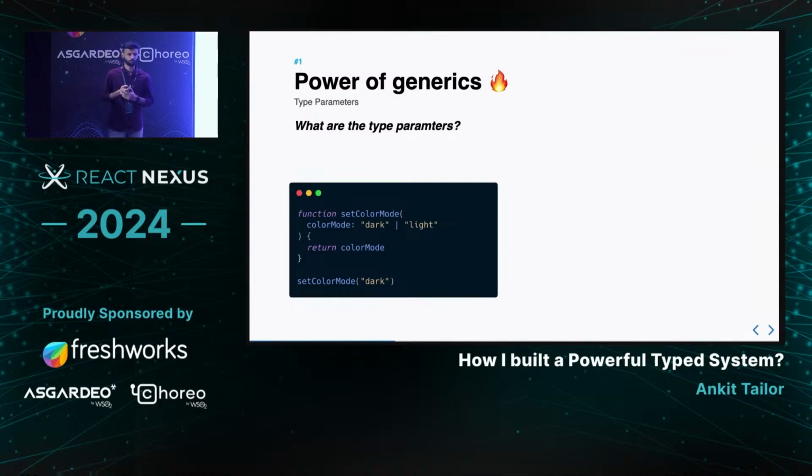Now the question is when to use these generics. We have one example here, setColorMode. setColorMode takes a color mode as a prop, and the color mode is going to be static. It will be dark or light, and nothing is going to be generic here. So we can directly use the static types here.